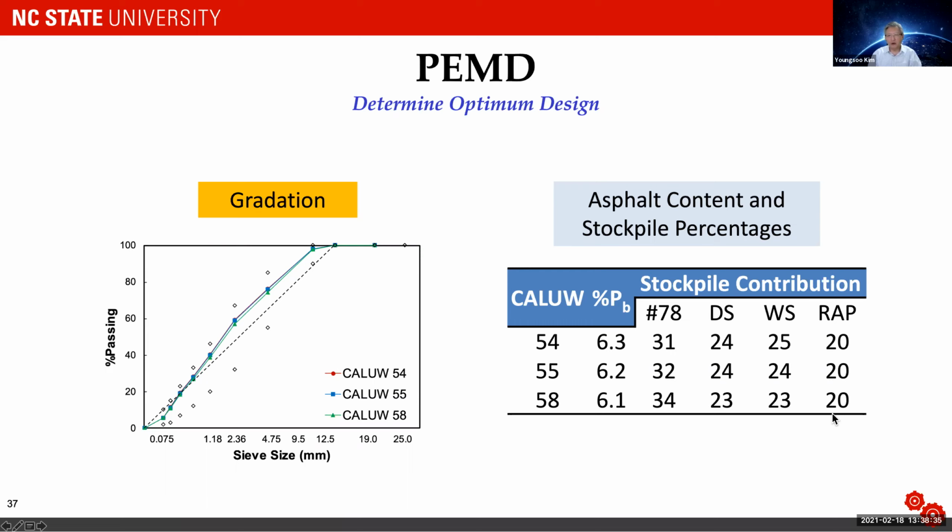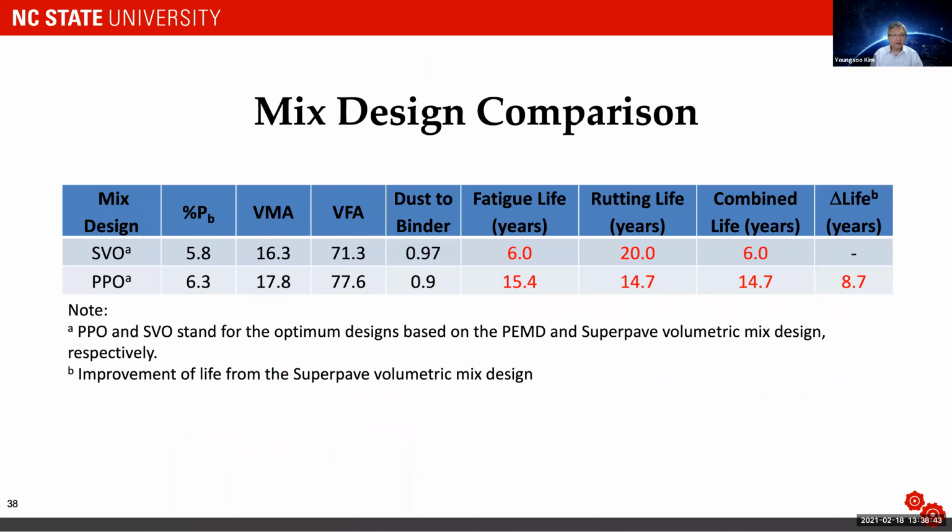So the FlexMix program actually does this for you so that you can get the final candidates for your use. And we did the quick comparison between the Superpave volumetric optimum versus predictive PEMD optimum.